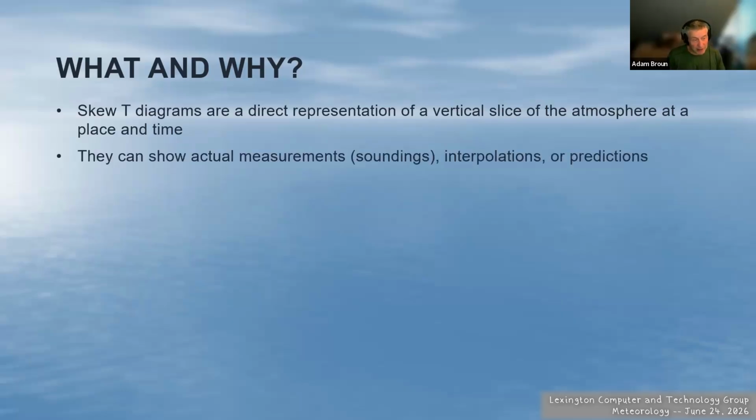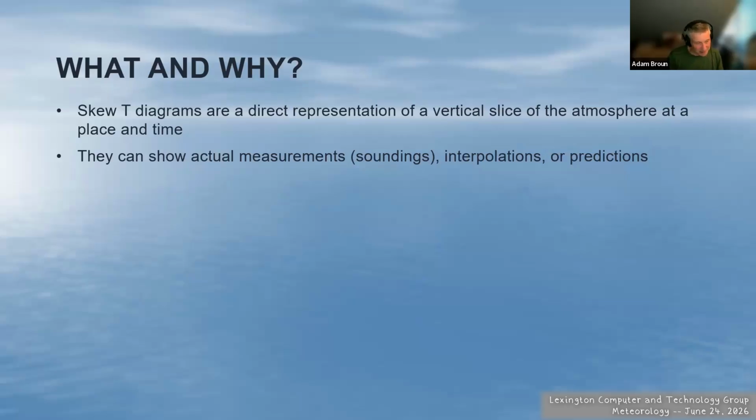When we see a SKEW-T diagram, it could be a literal actual measurement from a balloon, and we'll talk about balloons in a little bit. Because balloons are sent up at different places around the world and the United States, it could be an interpolation between two balloon soundings. When you send a balloon up, it's called a sounding, which is borrowed from the nautical term of sending a lead weight down to the bottom of the sea to see how deep the water is.